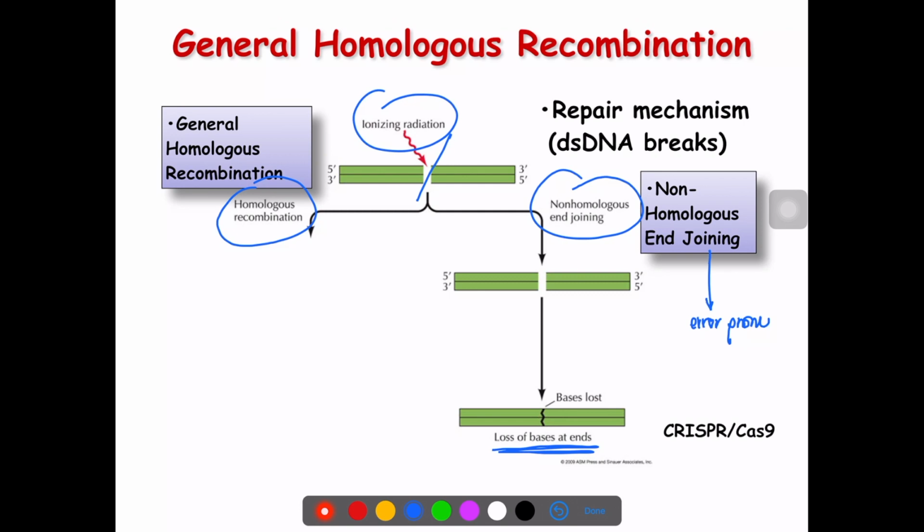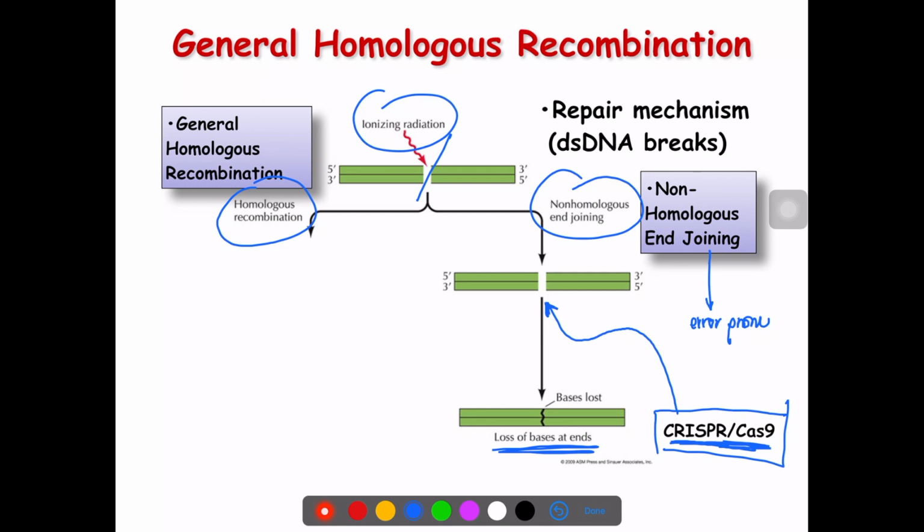Now, important, I don't know if you guys are familiar with CRISPR-Cas9, but CRISPR-Cas9 uses the idea that you can target specific regions within our DNA for breakage simply by using the specificity associated to this system.